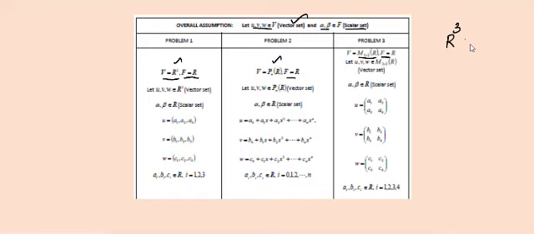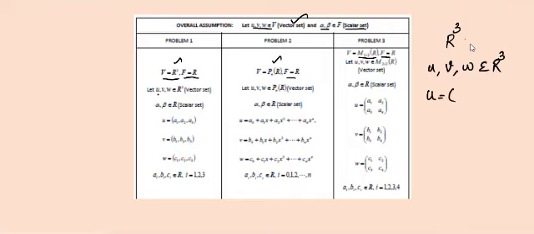Now the overall assumption here is that I should take three elements from R3, namely U, V, W. What will be the structure of U, V and W?